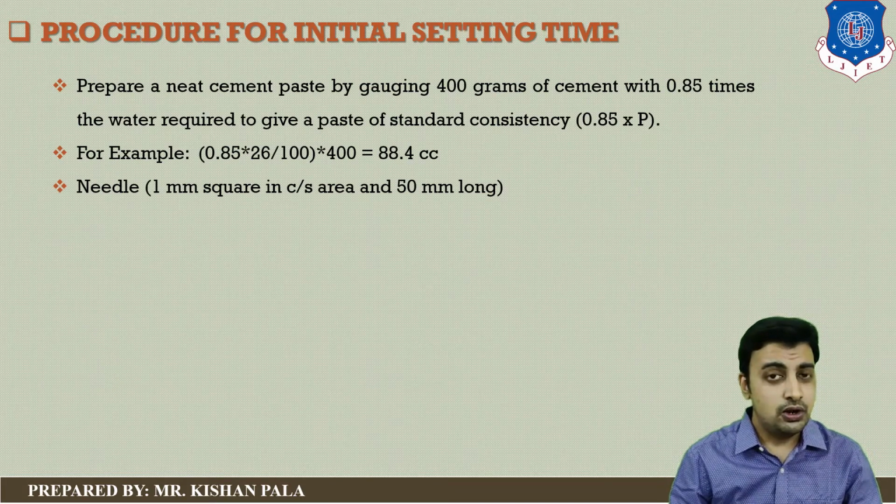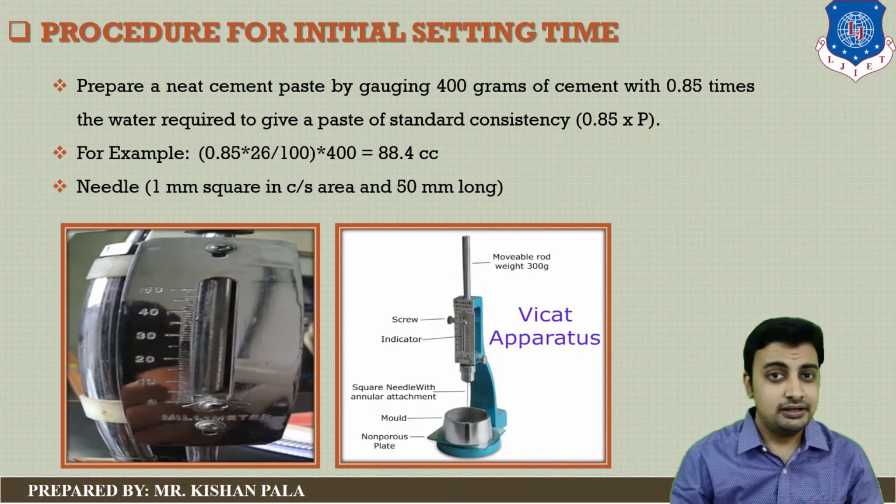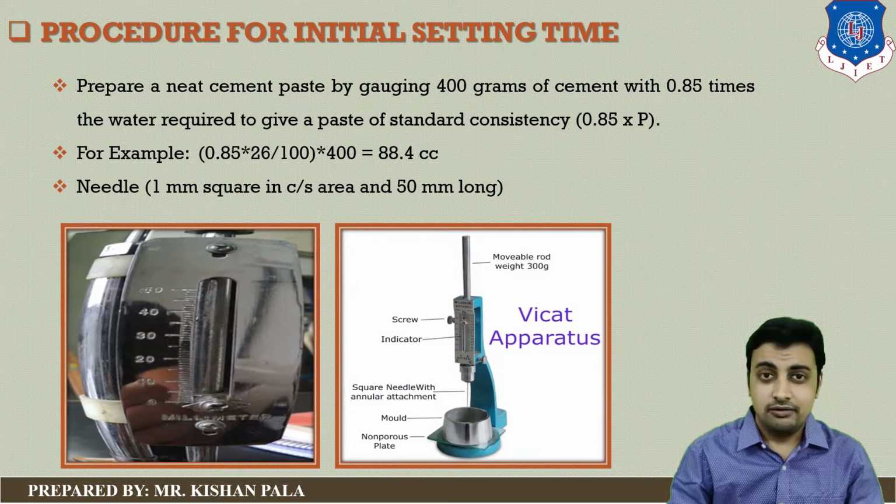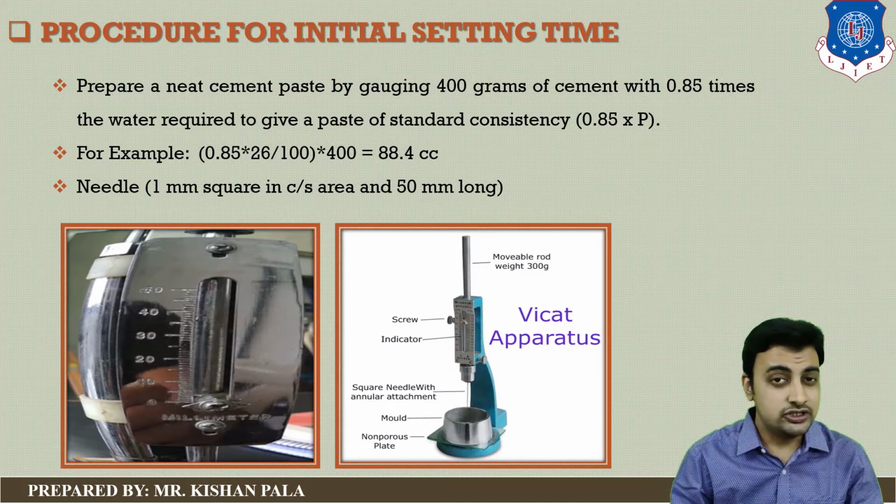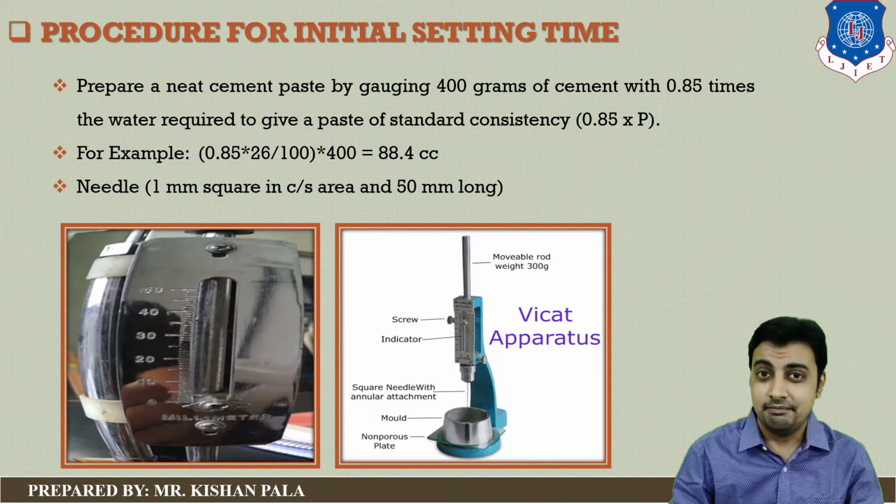First of all, you have to prepare the cement paste with 400 grams of cement and add the water content. But before adding the water, you have to calculate the quantity of water. As we know, first of all we have to find the consistency of the cement mass.